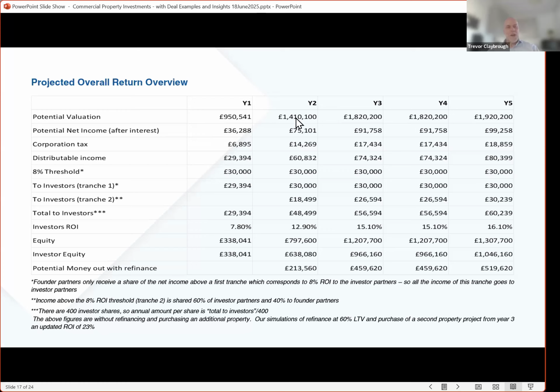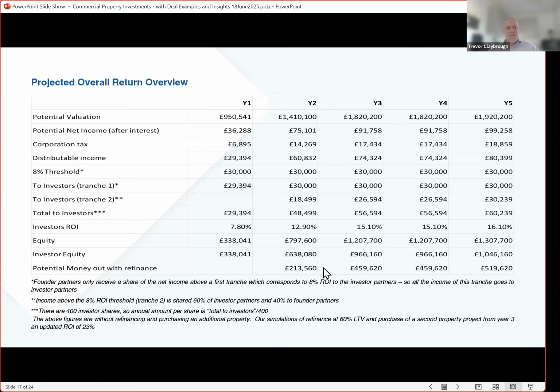By the time we get to year 2, we've been very conservative and considered we've only got half of the first floor occupied, and then we're fully occupied basically at the end of year 2. So based on the potential valuation, at the bottom here, we've got the potential money out with a refinance.